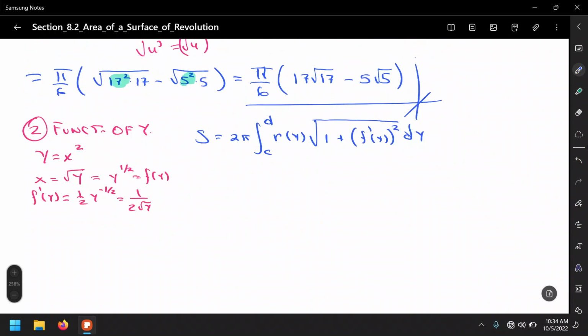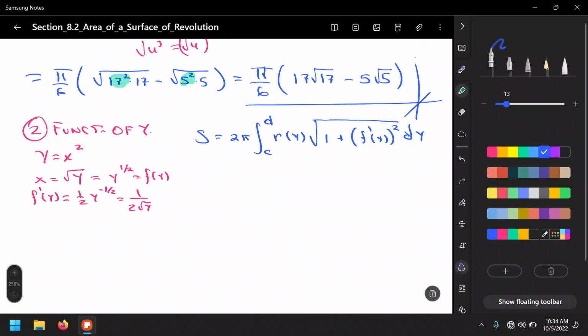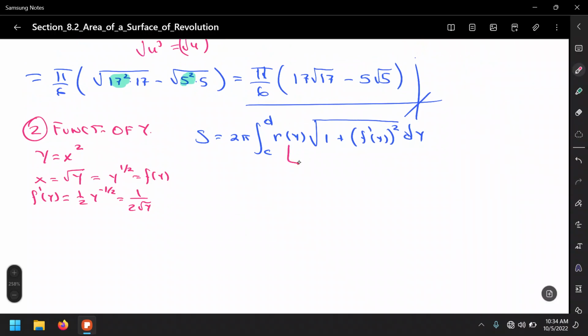When it comes to determining what r of y is, r of y is an x. But this x is not the variable that we're working with. We are working with functions of y, so we cannot have two different variables at the same time. Later, in Calc 3, you will work with integrals with more than one variable, but that's not the case yet. So we need to express x, the horizontal radius, in terms of y. Lucky for us, we have a function f of y.